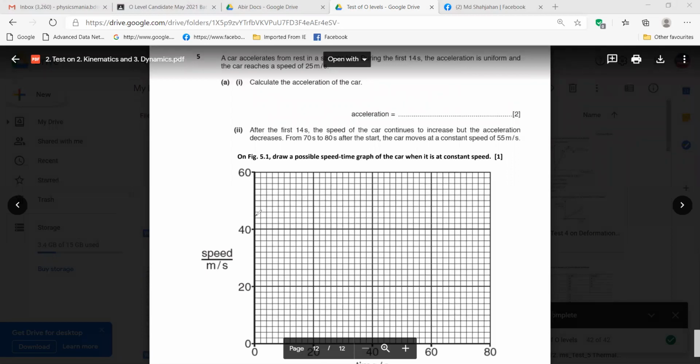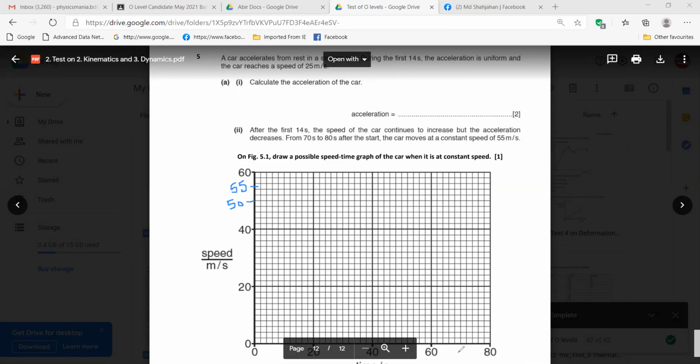40, then 1, 2, 3, 4, 5. Here is 50. And 1, 2.5. Here you will get 55. Okay, sir.